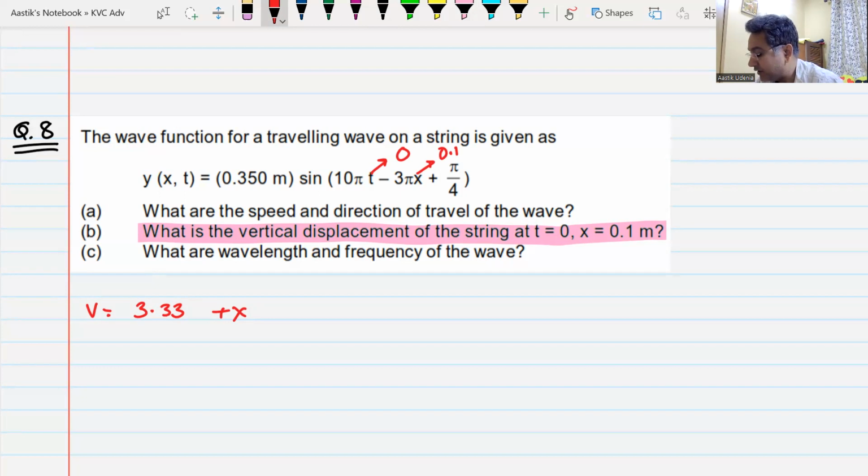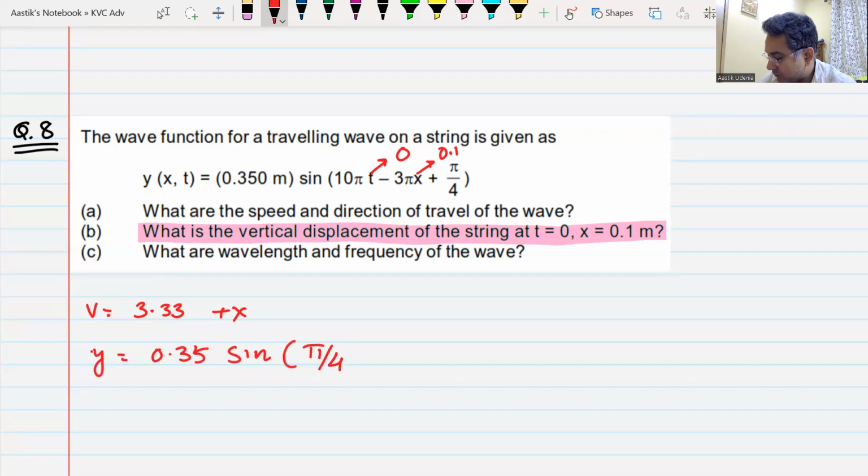So if you put t as 0, it is 0. X as 0.1, it becomes 0.3 pi. How much is 0.3 pi? 3 pi by 10. So you can just write the value of y as 0.35 sine of pi by 4 minus 3 pi by 10. Yes or no? Yes, sir.